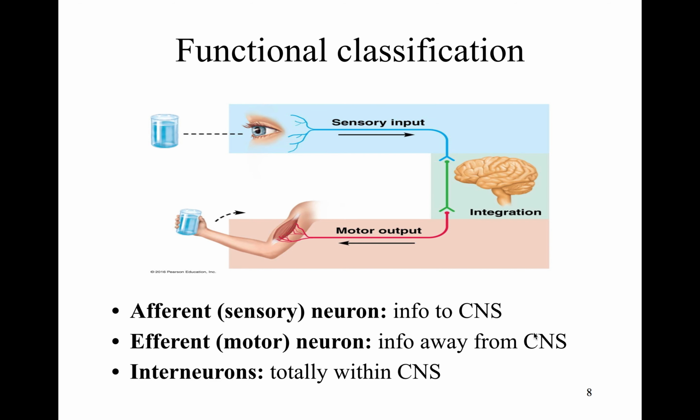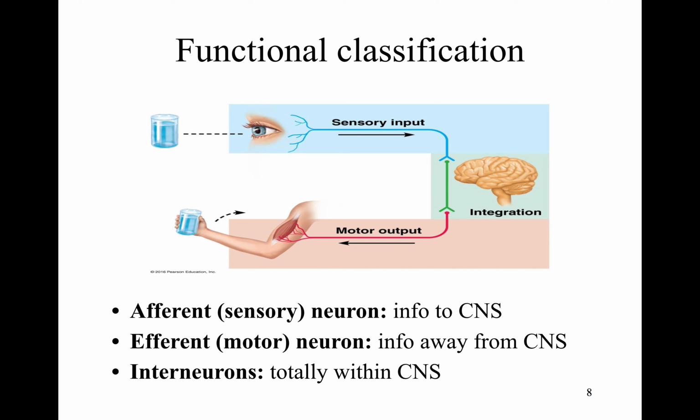So you'll notice that I did not mention the gray matter containing sensory neurons. The sensory neurons are predominantly located in that dorsal root of the spinal nerve. So the sensory or the afferent neurons are sending information towards the spinal cord from the periphery of the body.